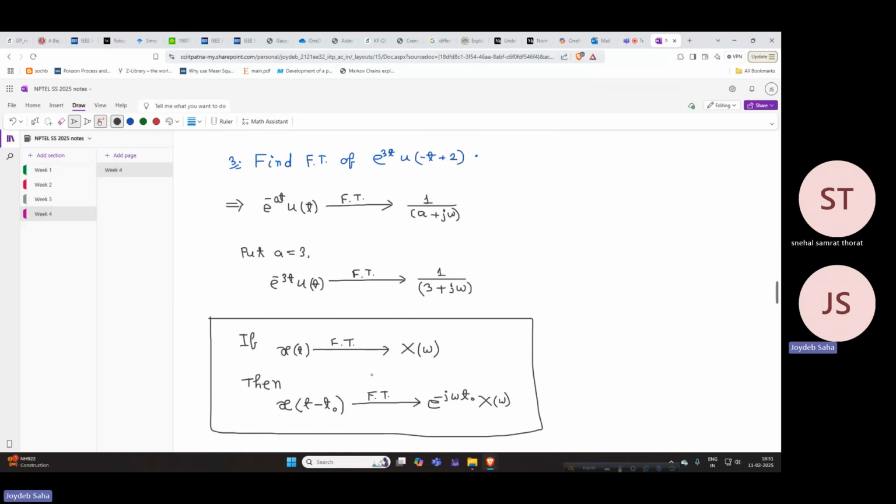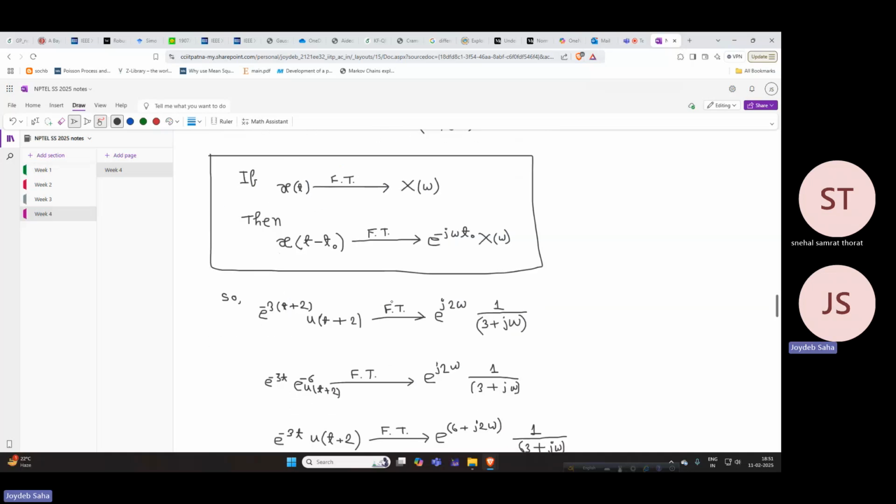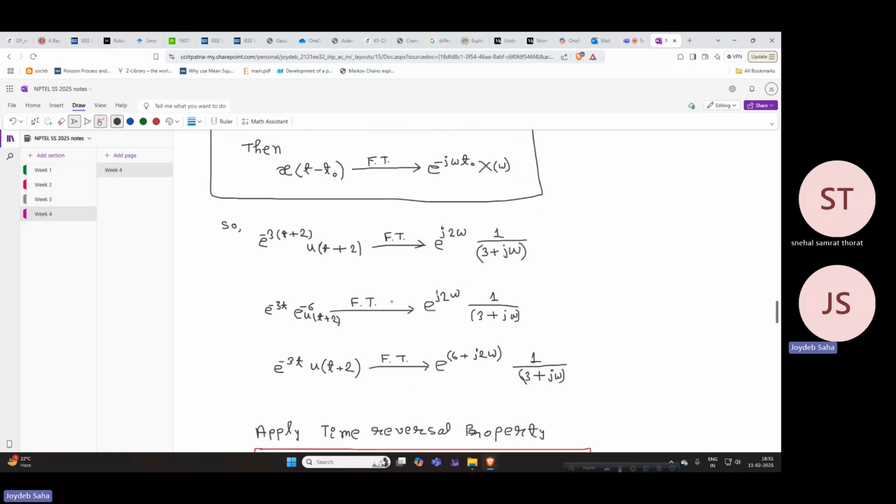You people try to understand from this question. This is a very tricky question, right? Take 2-3 minutes and try to understand.